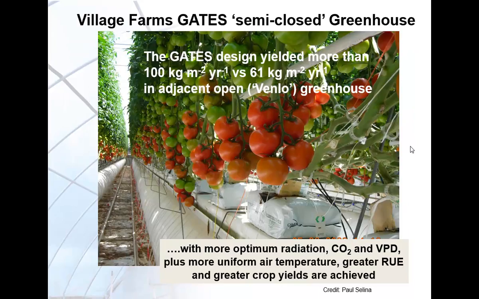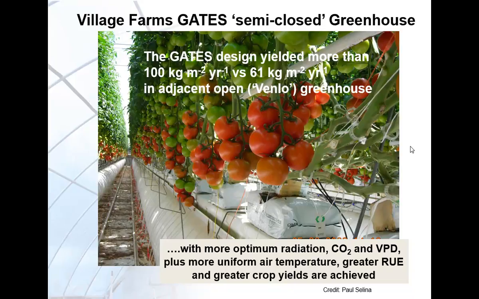The village farm design called Gates is a semi-closed greenhouse, and I wanted to indicate that it made a major impact. It changed the yield from 61 kilograms per square meter per year to 100 kilos per square meter per year in a side-by-side comparison of the closed or semi-closed greenhouse to the traditional Venlo greenhouse.